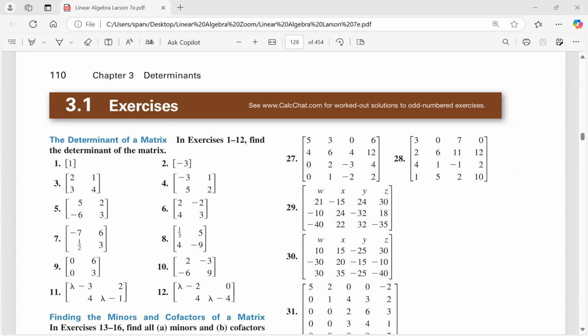Okay, let me see here. So for example, let's take a look at number 4, that would be good. So I'm going to write it down. Let me switch to my OQCam.